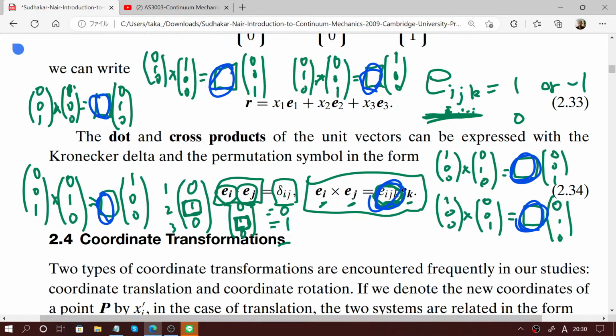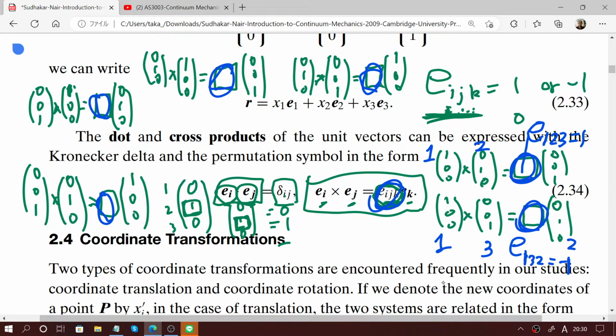So here I is 1, J is 2, so you have to have epsilon 1, 2, 3, which is 1. For this, I have 1, 3, 2. So here you have epsilon 1, 3, 2, which is minus 1.